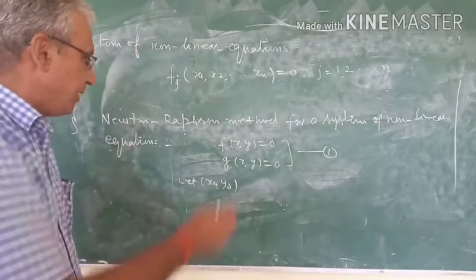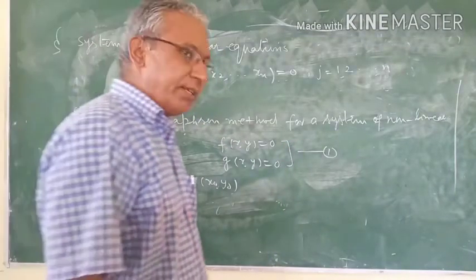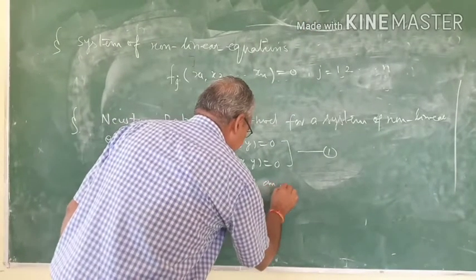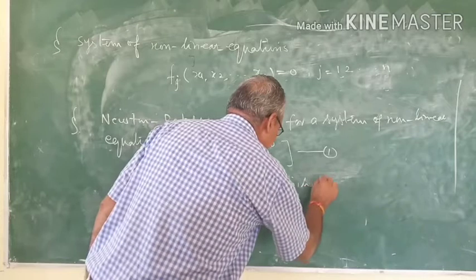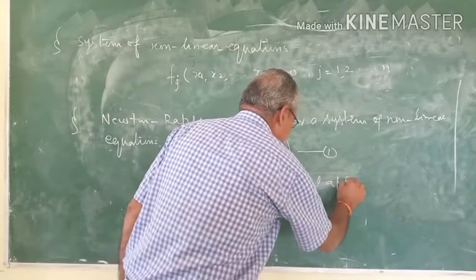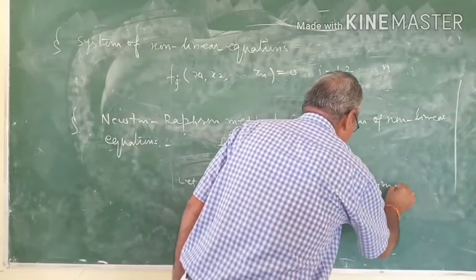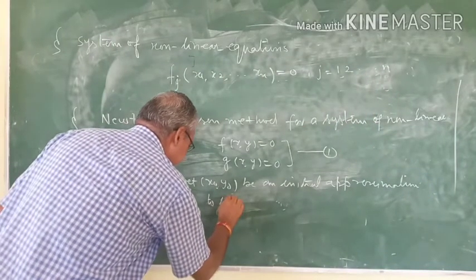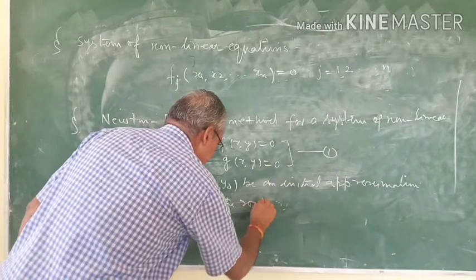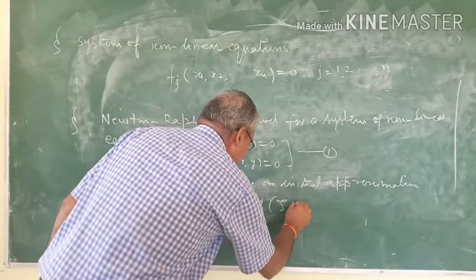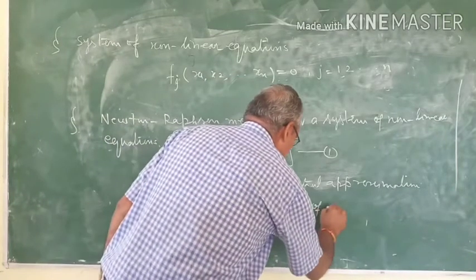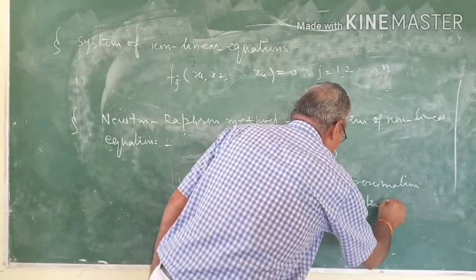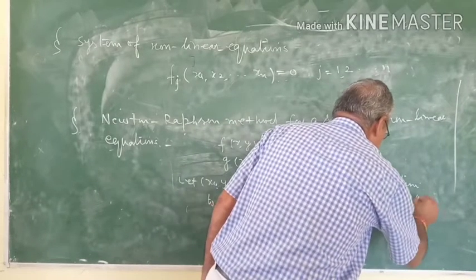By the Newton-Raphson method, let (x0, y0) be an initial approximation to the root (xi, eta) of the system of equations first.